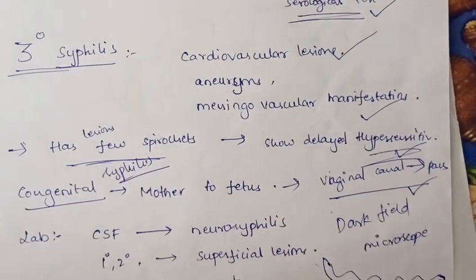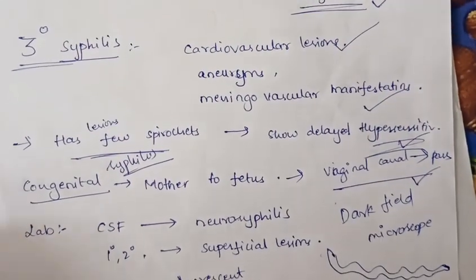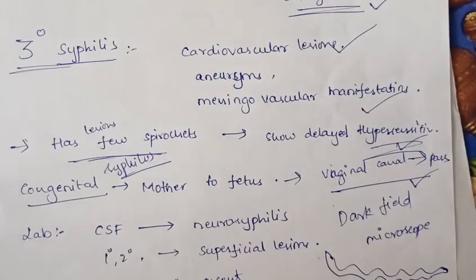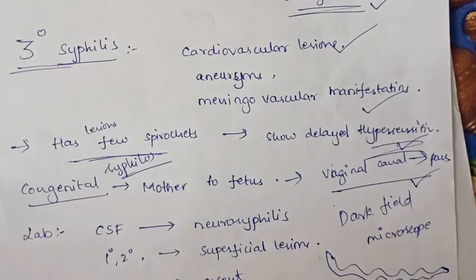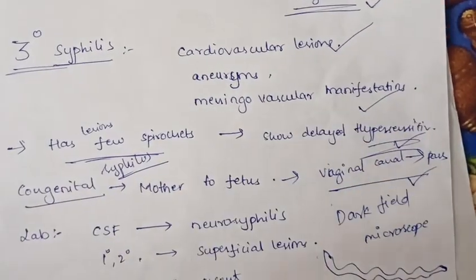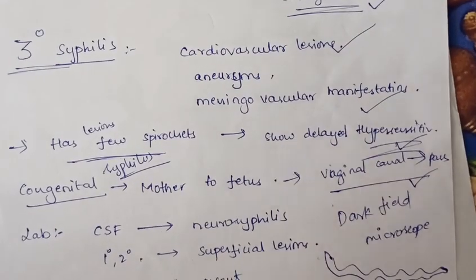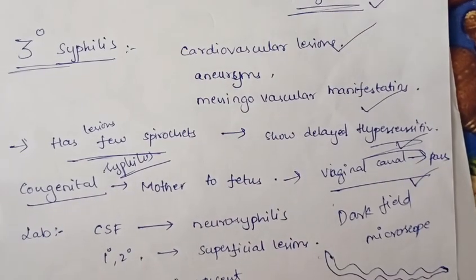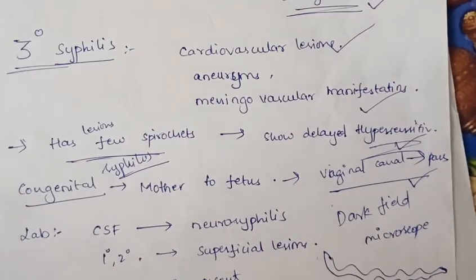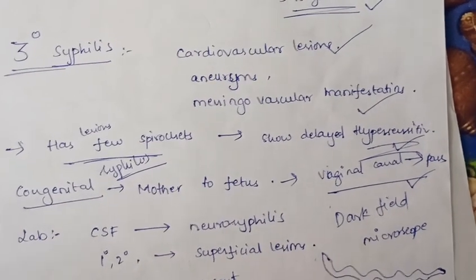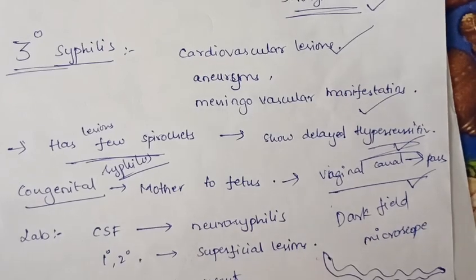Coming to laboratory diagnosis, generally syphilis can be of two types: neurosyphilis and venereal syphilis. In case of neurosyphilis, cerebrospinal fluid is obtained from the patient and examined under the microscope.